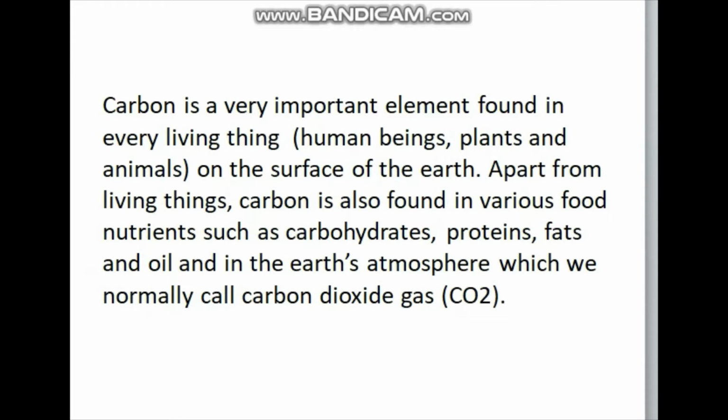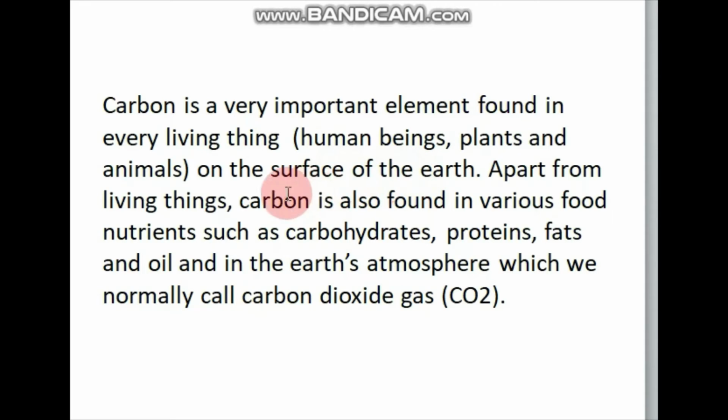What then is the carbon cycle? In our introduction, we are saying that carbon is a very important element found in every living thing: human beings, plants, and animals on the surface of the earth.